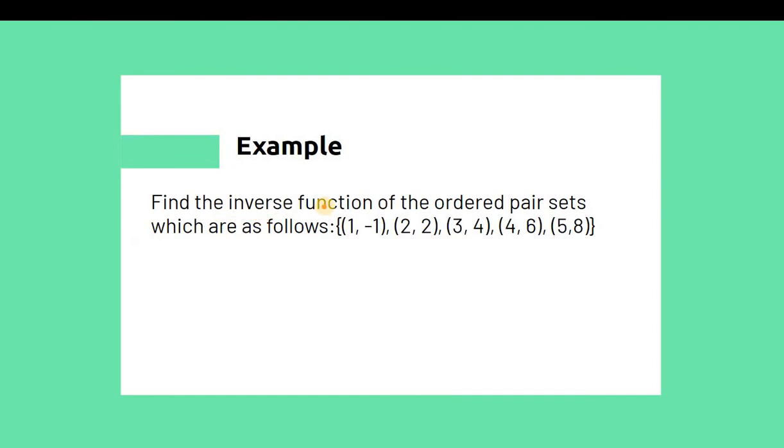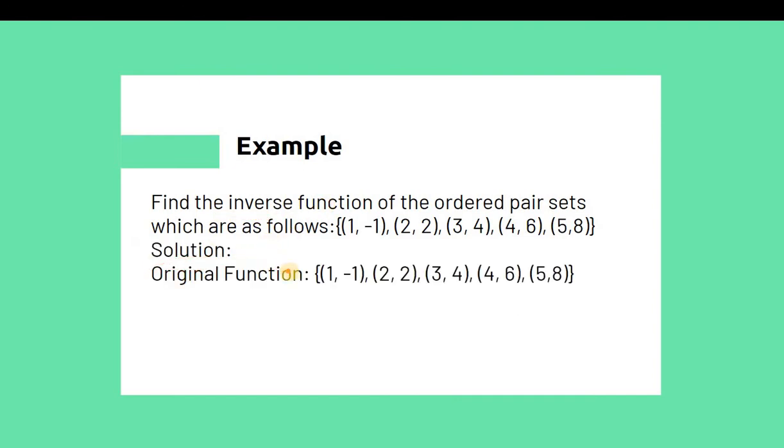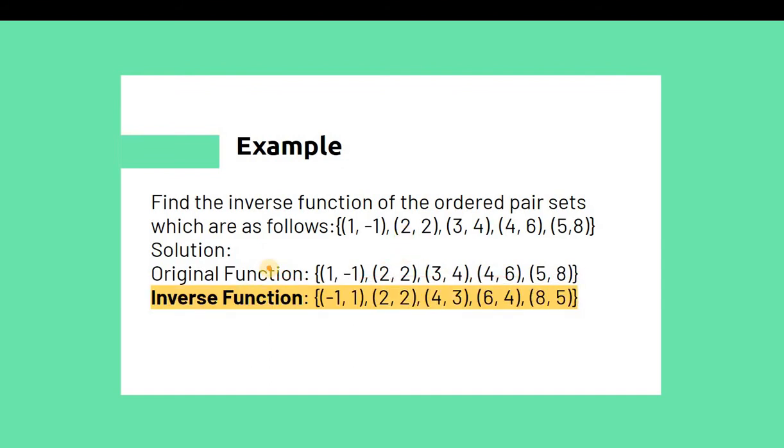Anong gagawin natin? Solution: ito yung original function natin, ang gagawin mo ay i-reverse mo lang siya. So, inverse function. Yung -1 kanina, nasa right, mapupunta siya dito, and then yung 1 nandito. Ito medyo mahirap i-delineate kasi pareho siyang positive. Yung 3, nalipat sa right, 4, nalipat sa left. 4, 6, 5, 8. Okay? So, it's as simple as that. Ganun lang mag-inverse ng functions kapag ganyan yung given mo.